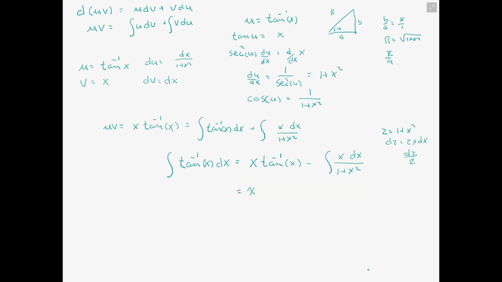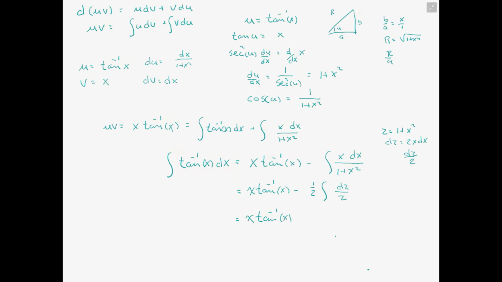So we have x arctan of x minus, now we have 1/2 times 1 over u, we got dz over z. And that we know is the ln function.